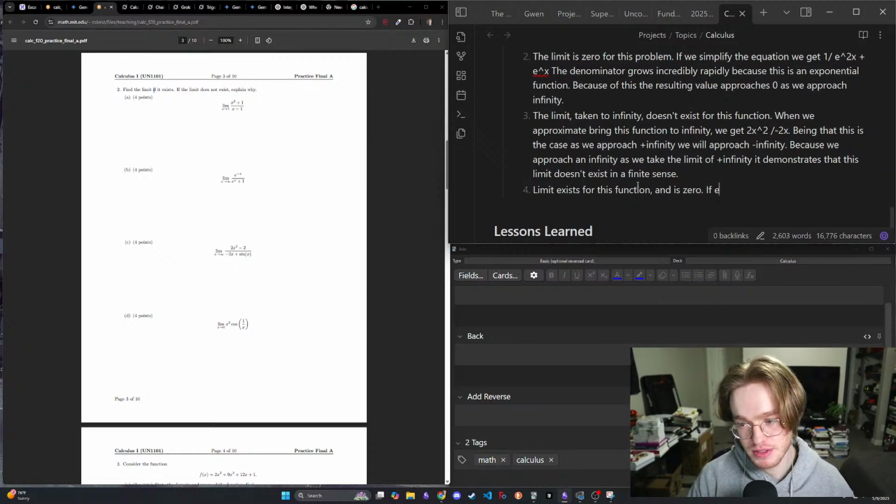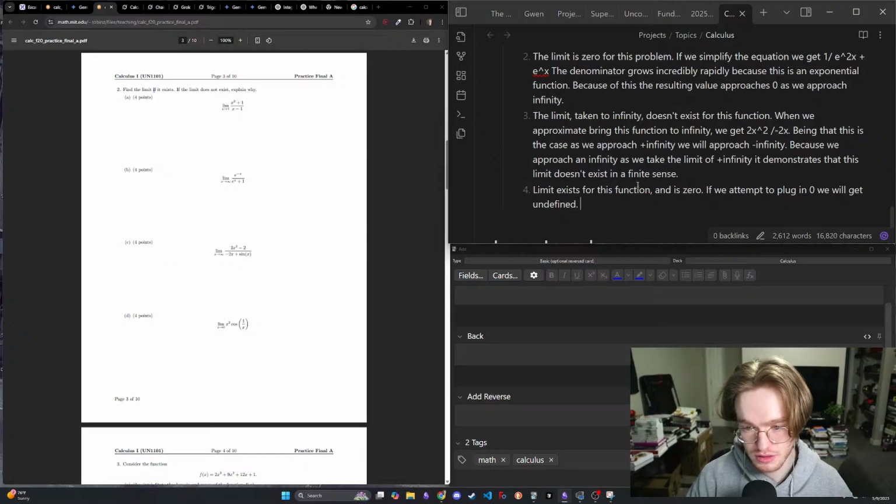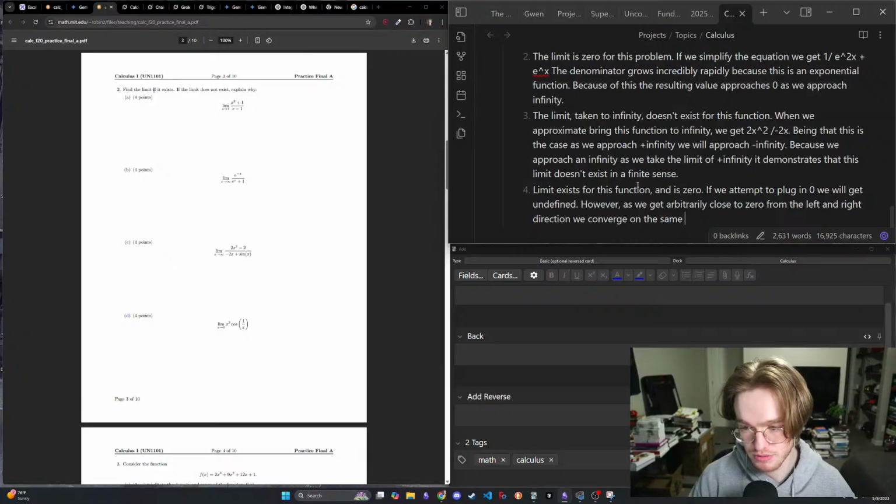If we attempt to plug in 0, we will get undefined. However, as we get arbitrarily close to 0 from the left and right directions, we converge on the same value.